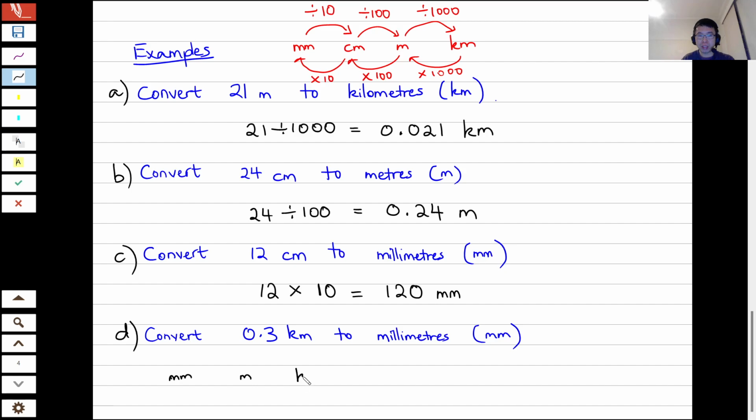I can get rid of the centimeter column because I know to convert from meters to millimeters, it's 1,000. And to go from kilometers to meters, it's also 1,000. If I combine the times 10 and the times 100, that's the same as multiplying by 1,000, which I've got down the bottom here.